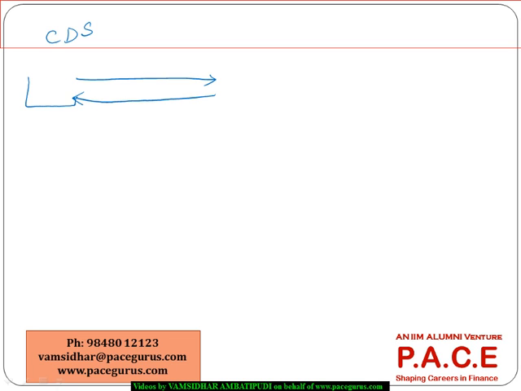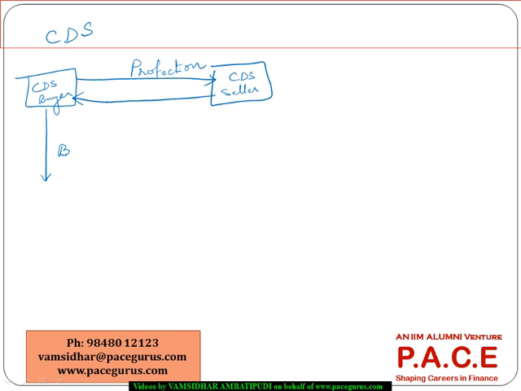So let me call this the CDS buyer, and this I call the CDS seller. The buyer of this credit default swap is actually buying protection against a borrower default, right? That is the typical way the credit default swap works.